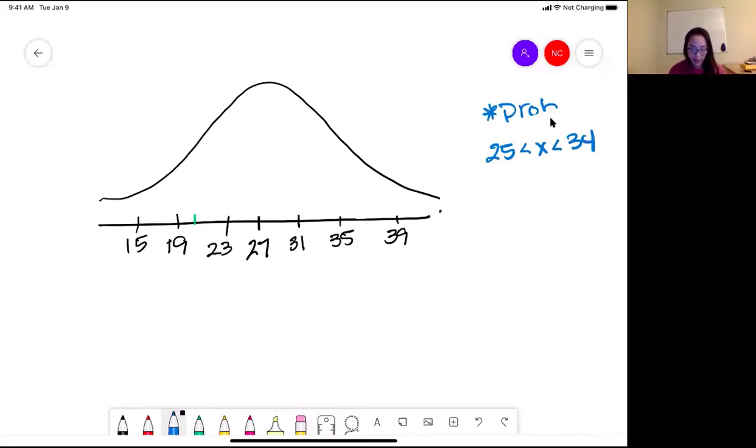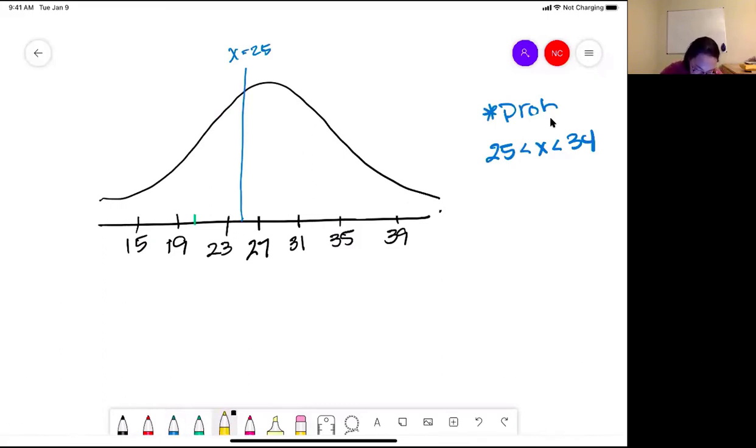So on our distribution, we can say where is 25, right? Which we can generalize and locate, say, oh, 25 looks like it would be about there. So we could say X at 25. And then let's use a different color.